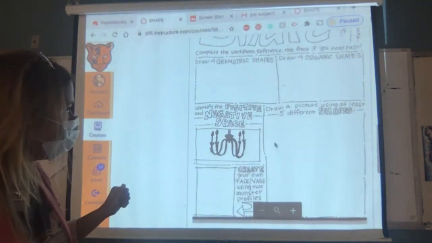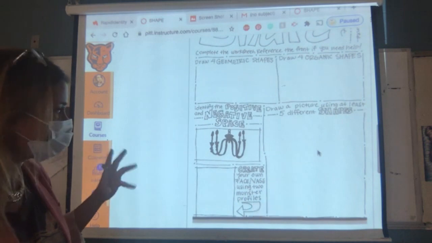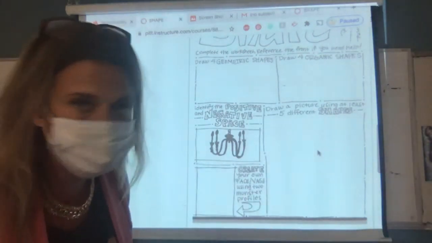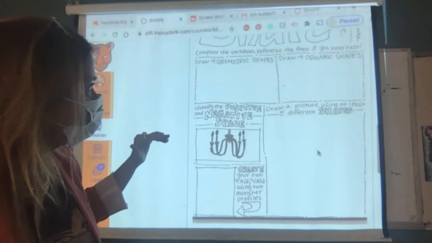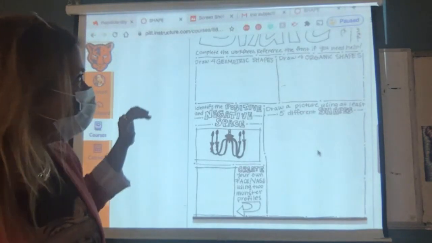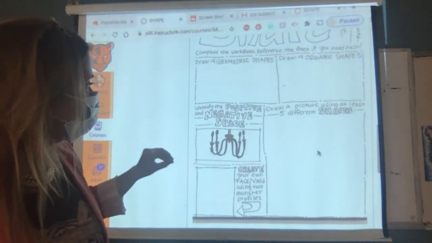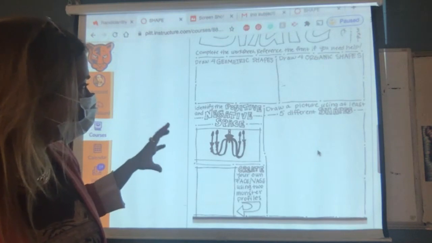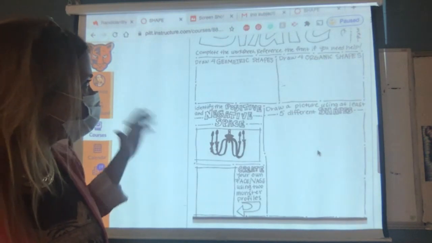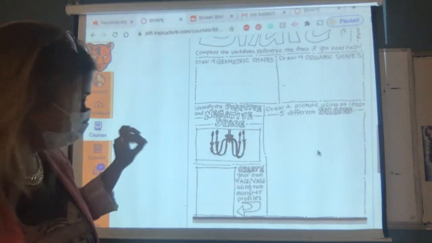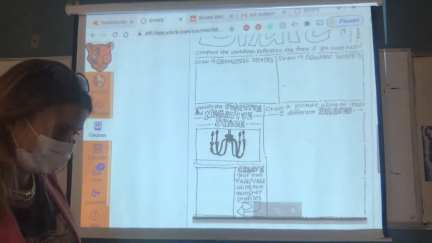And then you're going to draw a picture using at least 5 shapes and be as creative as you want. This is really a good introduction into shape. I probably should have done that with value, and I might go back, but I feel like we have a really good sense of value and hatching and the scribbling and that type of design, but I really want to have a good foundation with shape.